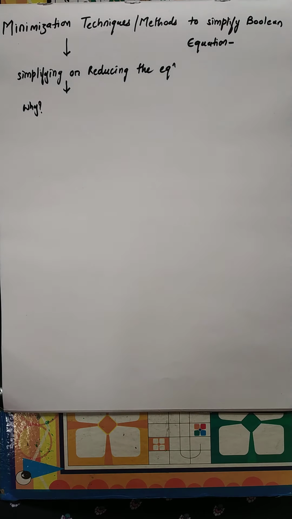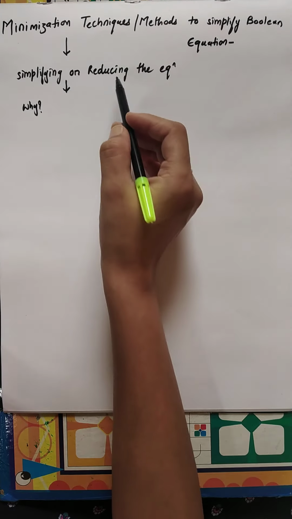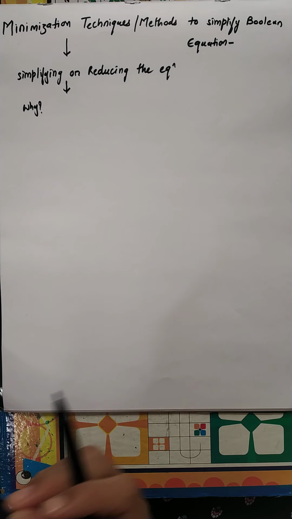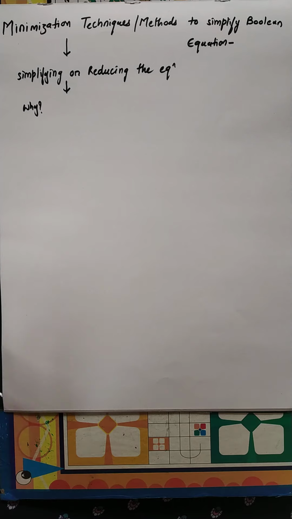So what is the need of simplifying or reducing the equation? Or why are we reducing or simplifying the equation size? The reason is that when we keep the equation as it is, as derived from the truth table, it may not be a simplified equation.